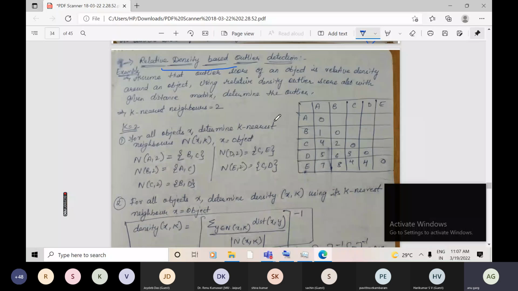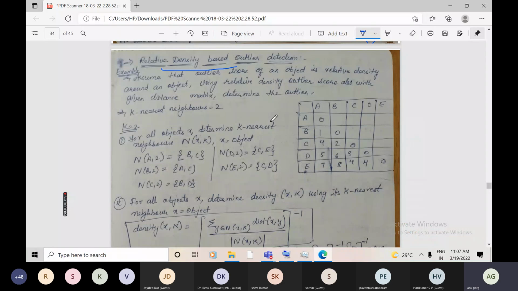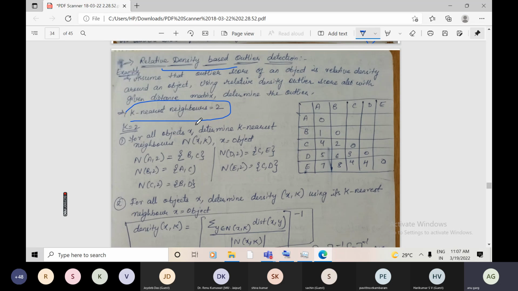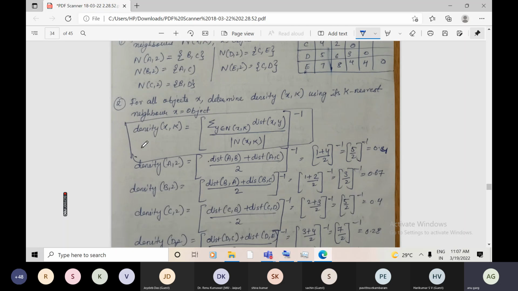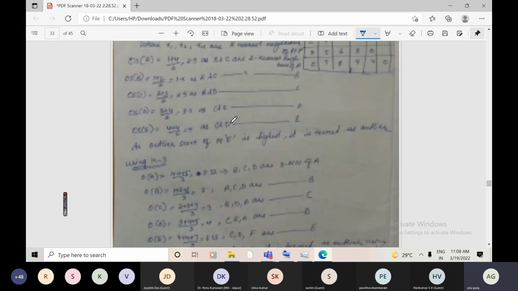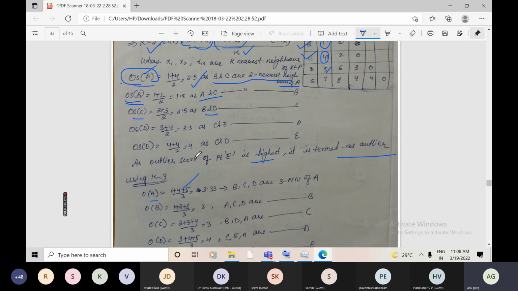Next, we have relative density based outlier detection. In relative density, again they will give you K nearest neighbors, like 2, to consider. Then for all the objects like A, B, C, D, E, you need to calculate the density. Here we calculated the distance earlier, the proximity.